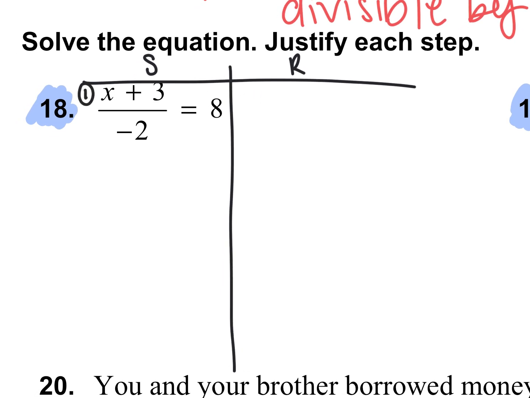So from number 1, what should I do? Number 1 is going to be given. Now what should I do? Multiply by -2. Good, I'm multiplying both sides by -2.